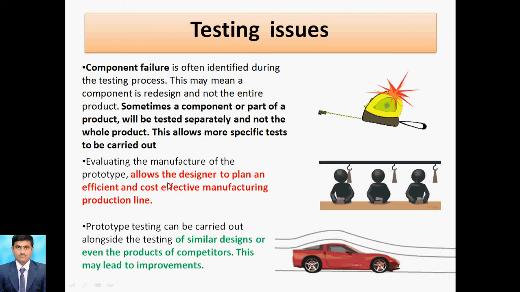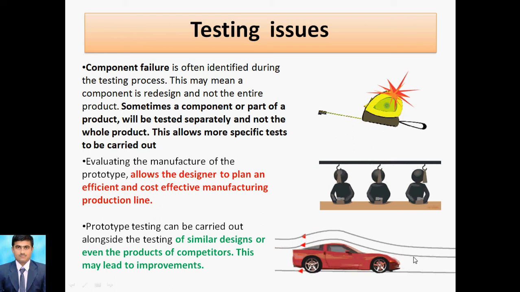Next, testing and prototyping will help the designer to plan an efficient and cost effective manufacturing production line. So this is the benefit of prototyping. The next prototype testing can be carried out on a similar design, or we can use a competitor's product, which will help improvement, because here the air resistance impacts the car, which is why fuel consumption is more.